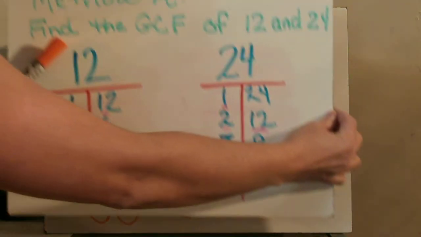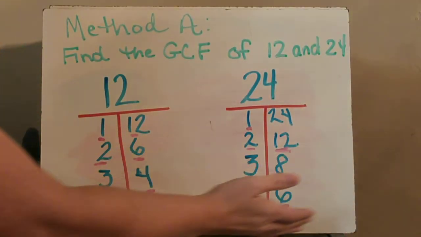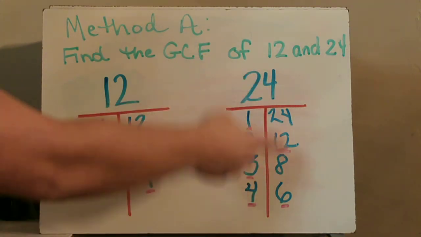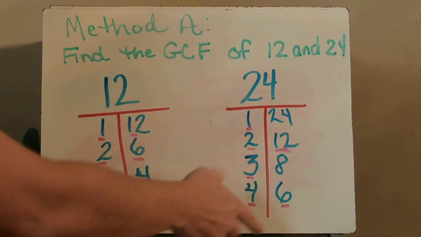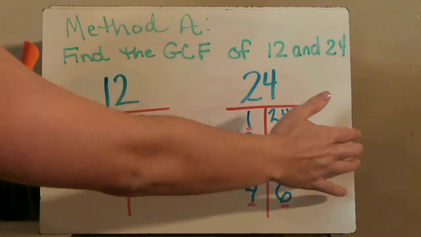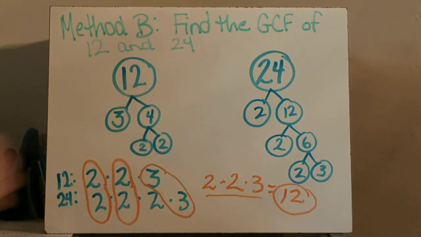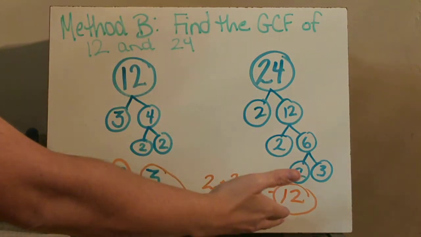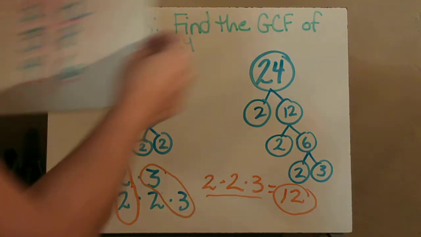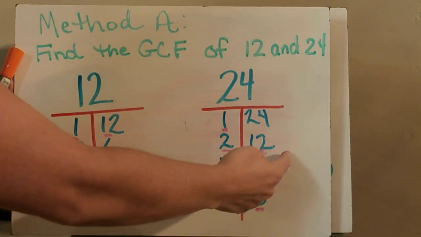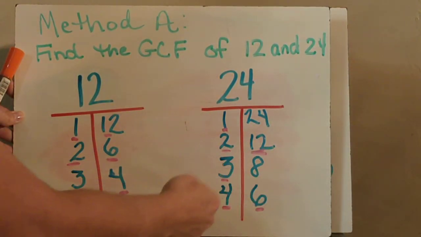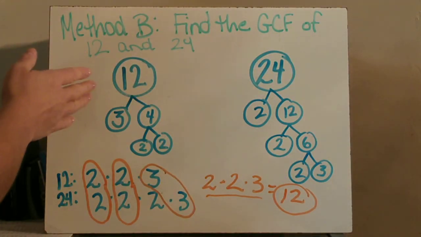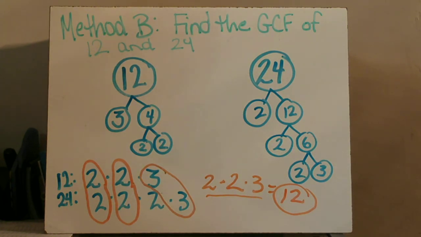Just remember that if you're using method A, you have to come up with every single possible factor to make sure that you have your list. With method B, you only need to know at least one set, like 2 times 12. And you can still get your greatest common factor. But using the T method, we have to know that 2 times 12 is factors, and 3 times 8, and 4 times 6. So some students may choose to use method B. Either method is fine, as long as you know how to use it and you feel comfortable with it.